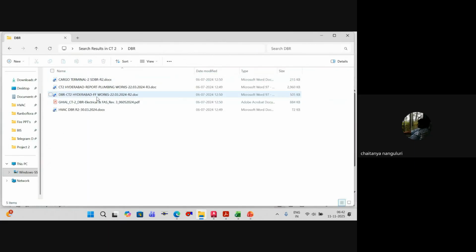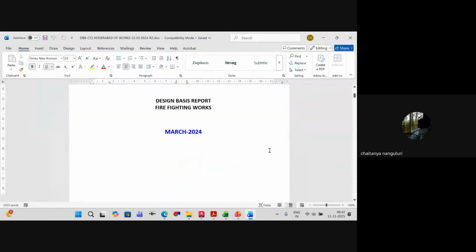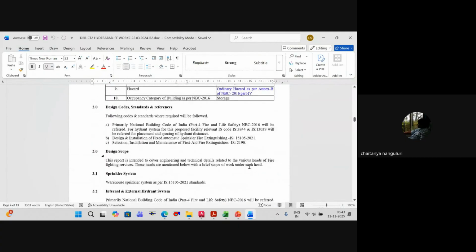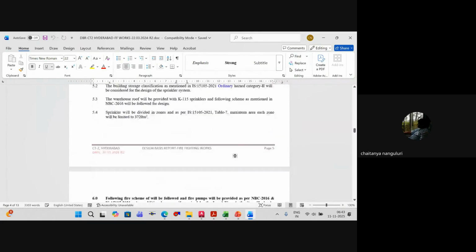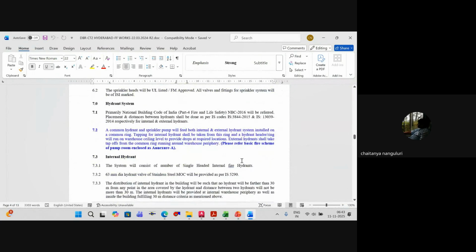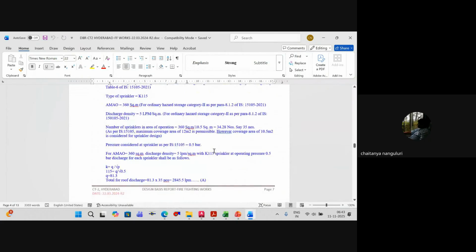For firefighting, we had reduced the volume.